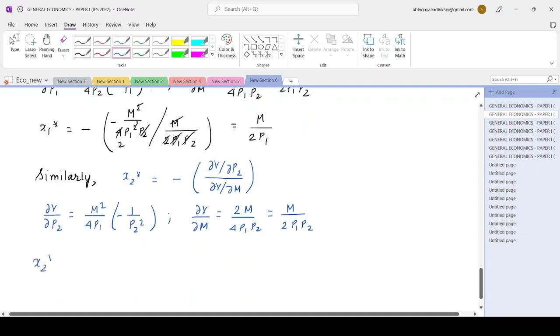So x2 star is equal to minus of minus m square divided by 4 times p1 p2 square, divided by m over 2 times p1 p2. So 1 m will get cancelled out, 1 p1 will get cancelled out, 1 p2 will get cancelled out. So that is m by 2 p2. So these are the optimal demands for x1 and x2.